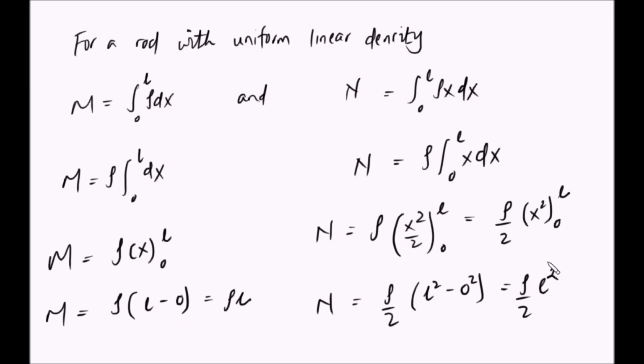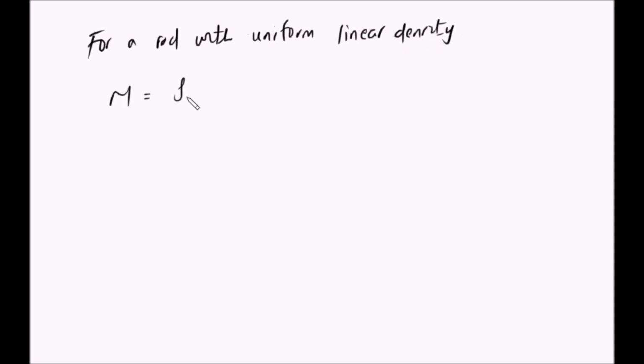So now for a rod with uniform linear density, M is equal to rho times L, and N is equal to 1 over 2 rho times L squared.